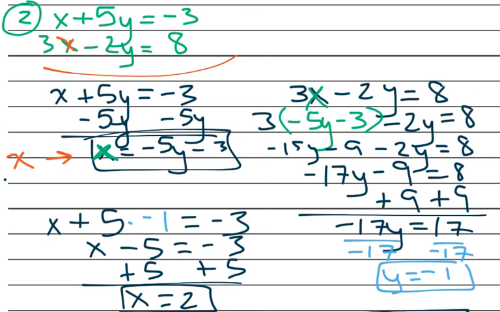Summarizing it: rewriting the original problem, picking the easier of the two to solve for, getting the x by itself, taking that value of x and substituting it in using terms of y.